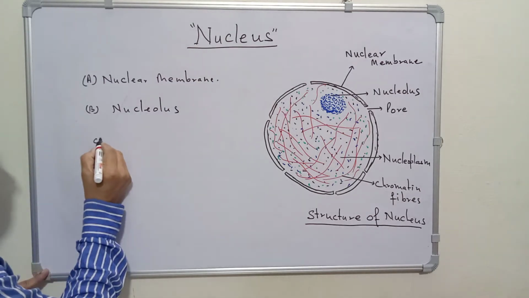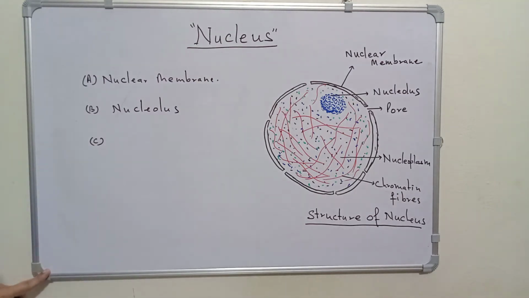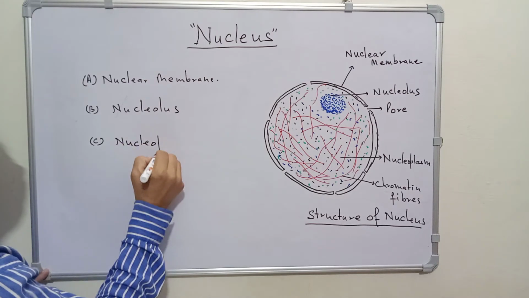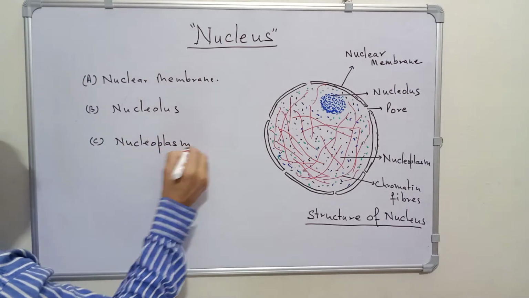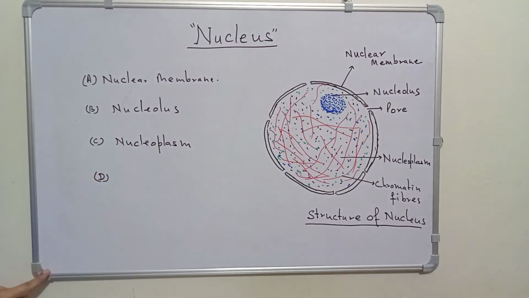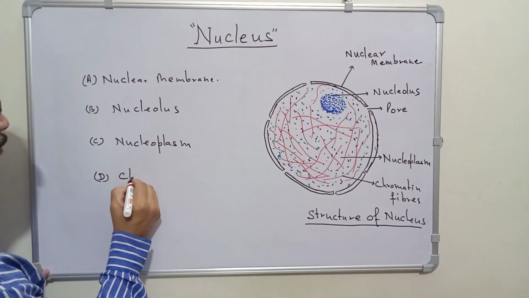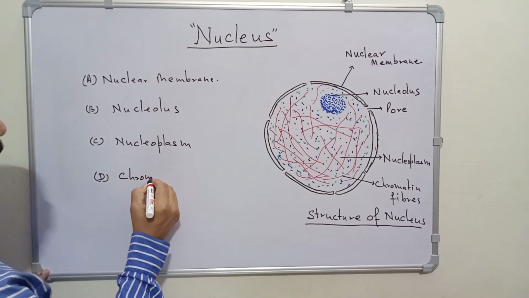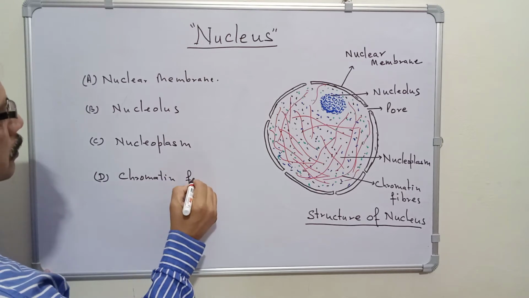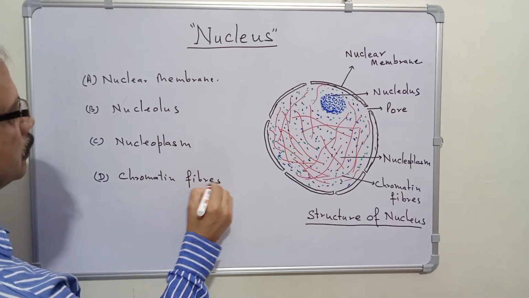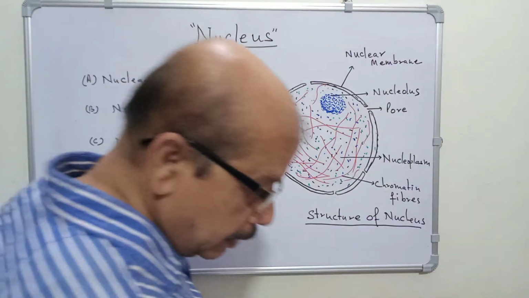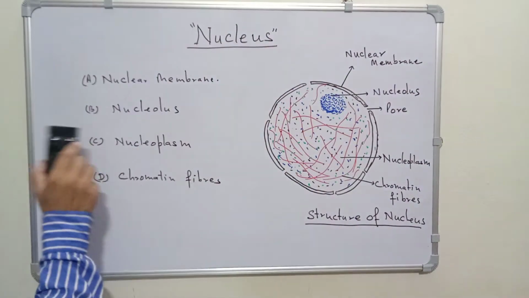C, nucleoplasm. And D, chromatin fibers. Right? Now we will talk about them one by one in detail.